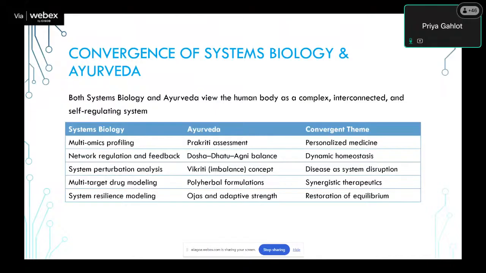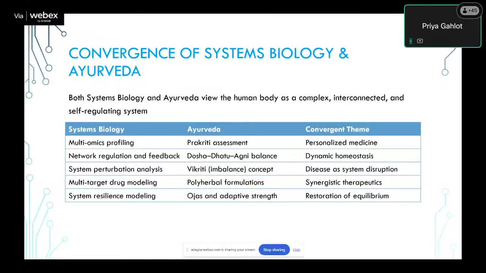Both systems biology and Ayurveda view the human body as a complex, interconnected, and self-regulatory system. Systems biology refers to multi-omics profiling, network regulation and feedback, system perturbation analysis, multi-target drug modeling, and system resilience modeling. Ayurveda, on the other hand, similarly reflects on Prakriti assessment, Dosha, Dhatu, Agni balance, Vikriti concept, polyherbal formulations, Ojas and adaptive strength.